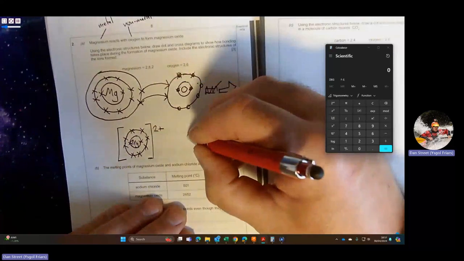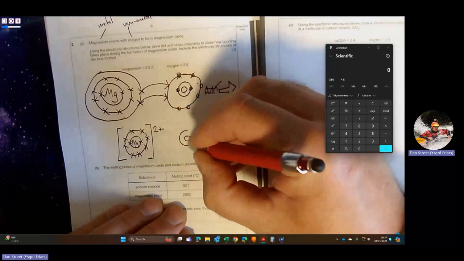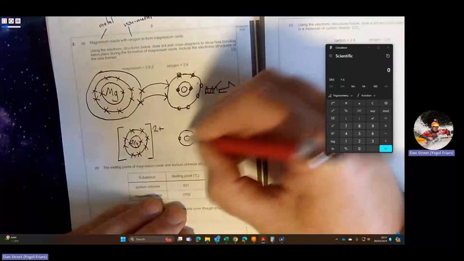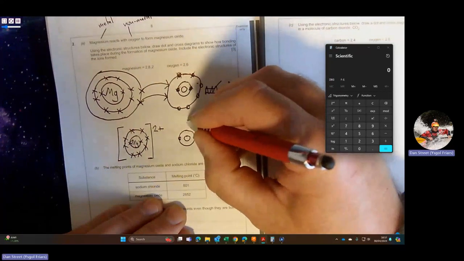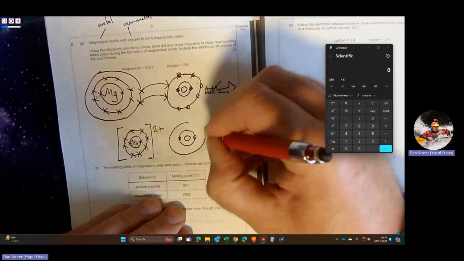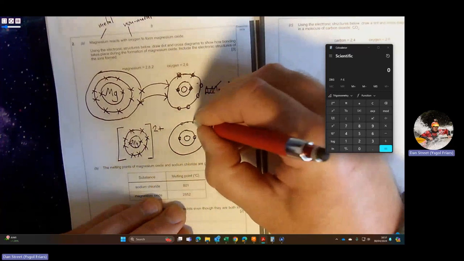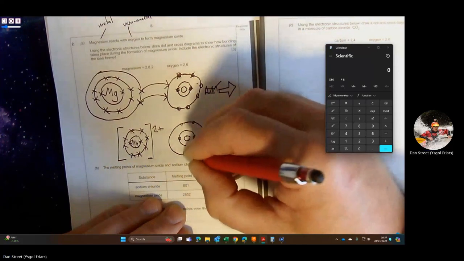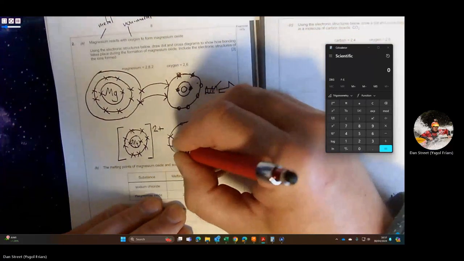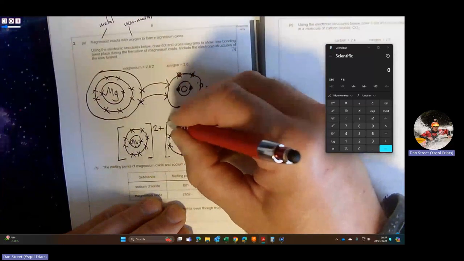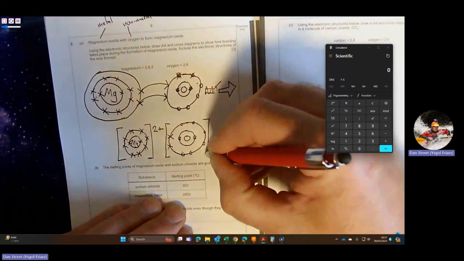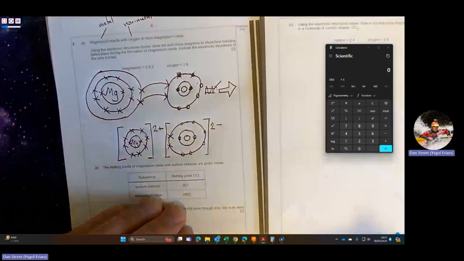And then the oxygen, again, those inner electrons are unaffected by all this, so we didn't really need to draw them. But this now has got its original 6 electrons, but it's now acquired 2 from the magnesium, and consequently, because it's acquired 2 electrons, it becomes 2 minus.